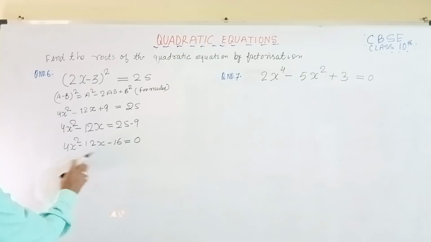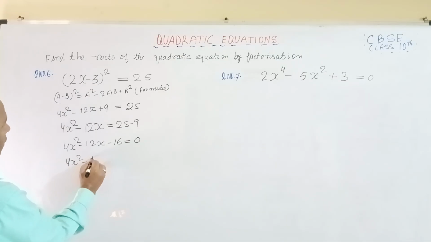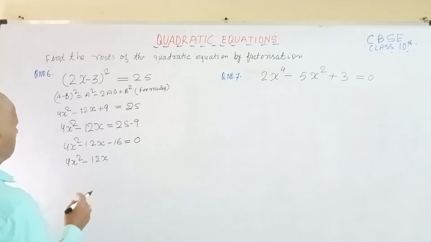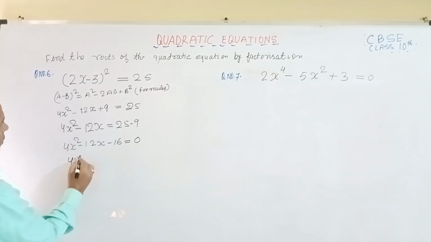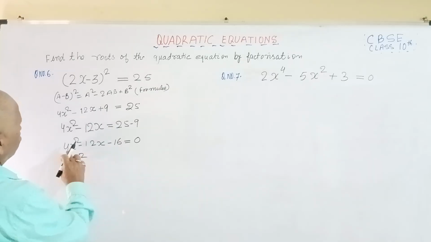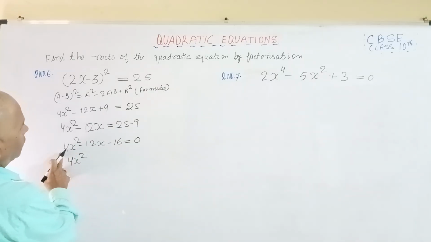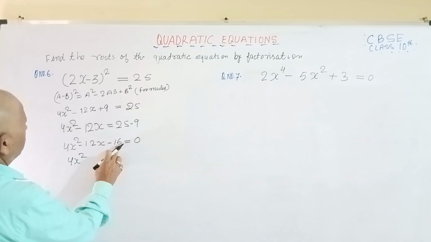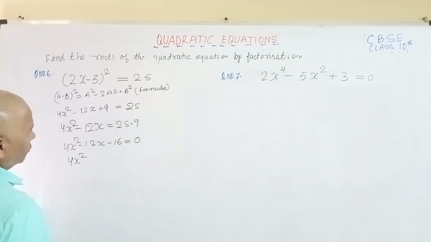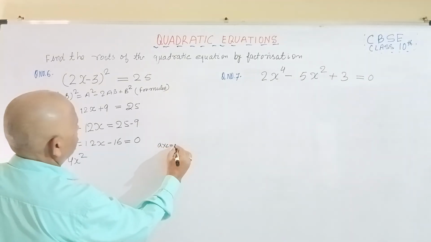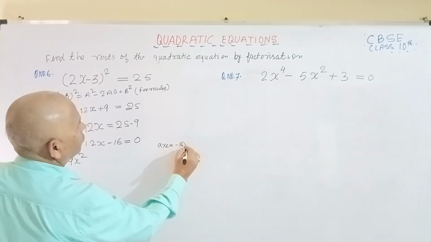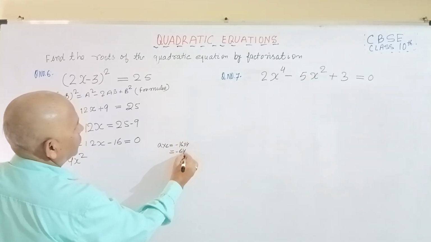So we can write it as 4x square, no sorry. 16 into 4, multiplying 16 and 4, a into c is minus 16 into 4, that is minus 64.